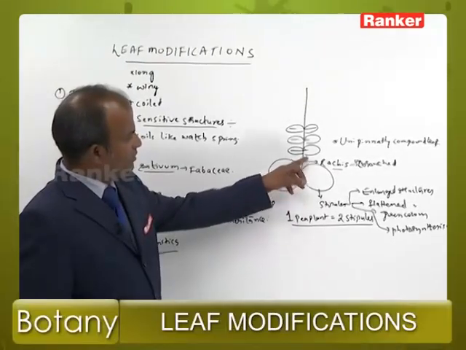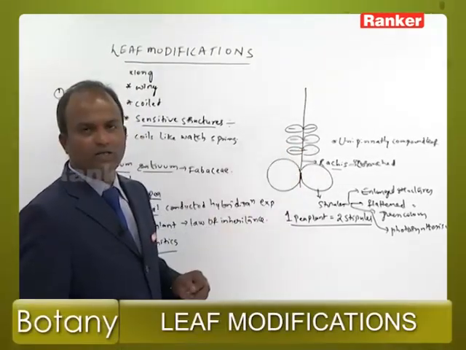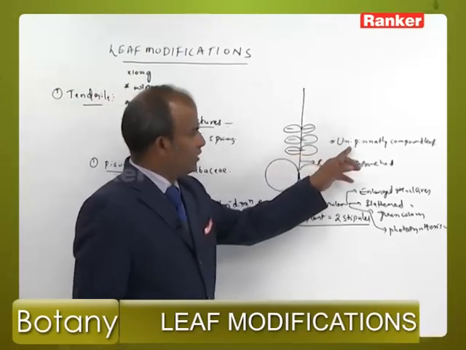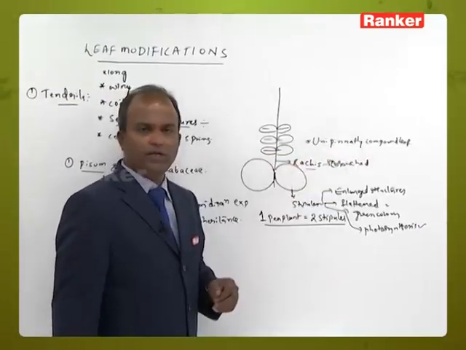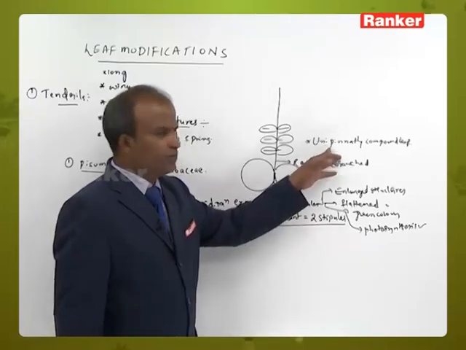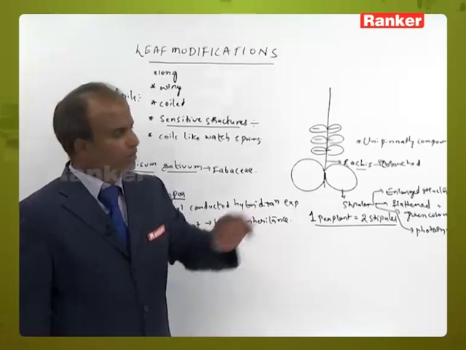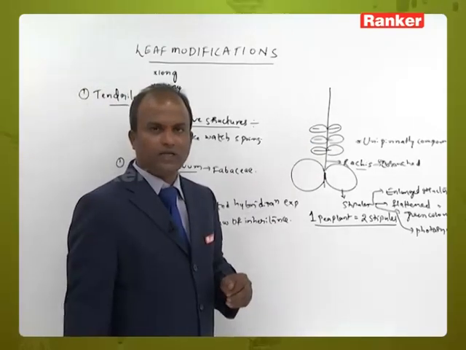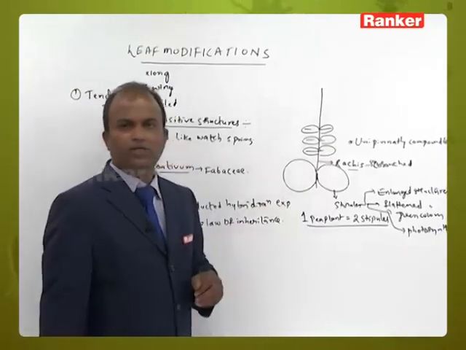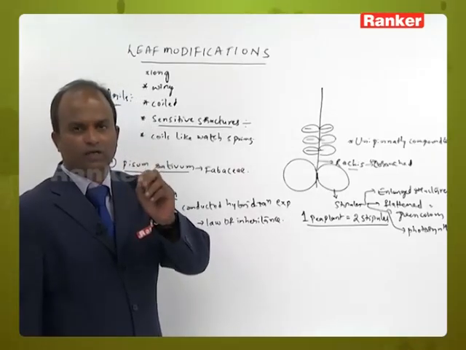On this unbranched rachis, leaflets are arranged on either side. So on the primary rachis, leaflets are arranged on either side, and it is called a unipinnately compound leaf.